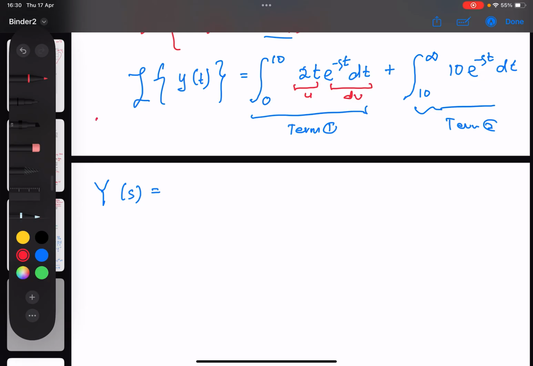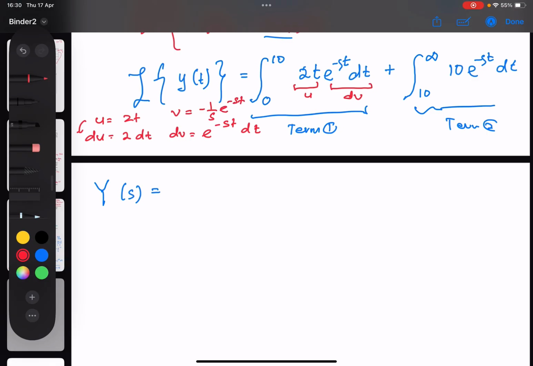So u equals 2t, du equals the derivative over dt, which gives 2 dt, and dv equals e to the power of negative st dt. So I have to integrate this one to get v. Integrating, I get negative 1 over s e to the power of negative st.